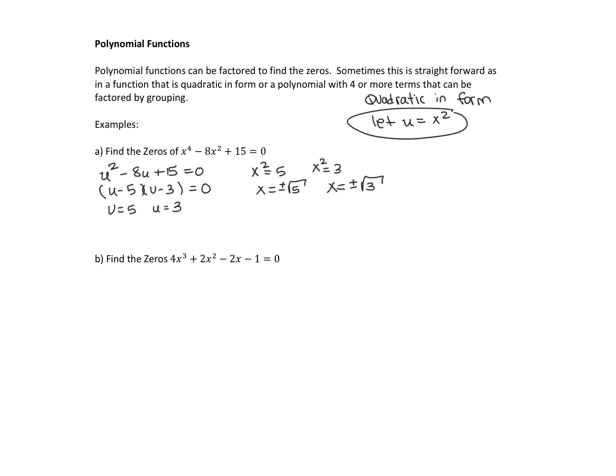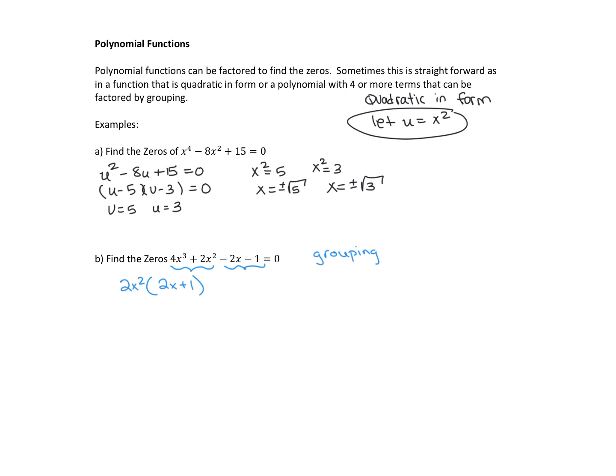In this next example, we have 4 different terms. It doesn't always work, but we're going to try to factor by grouping. So we're going to group the first 2 and factor out a 2x squared, which leaves me with a 2x plus 1.